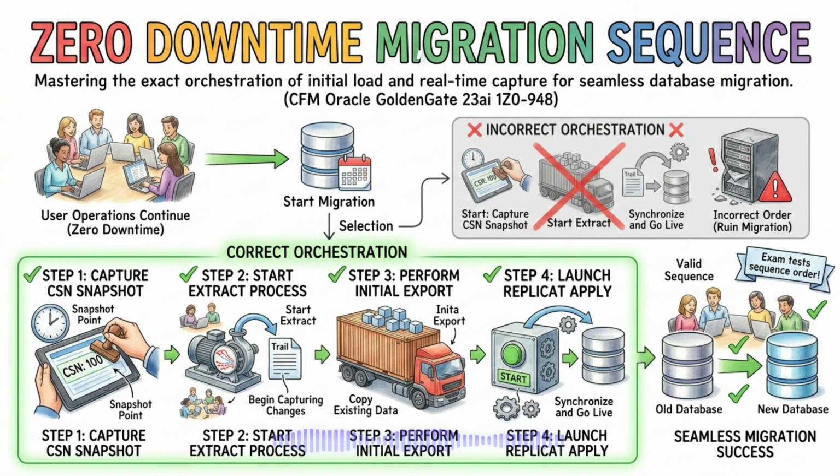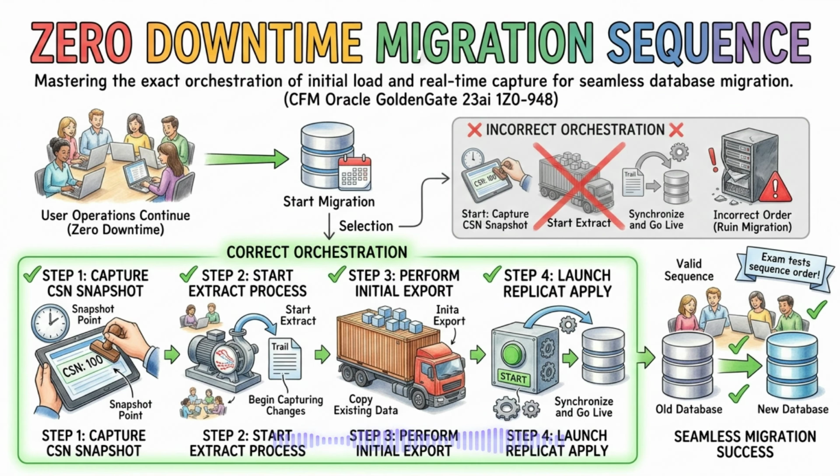The map statement is incredibly powerful because it allows you to change the destination of your data on the fly. For instance, if a table is named employees on your source database, but is named staff on your target database, you use the map statement to link them together.